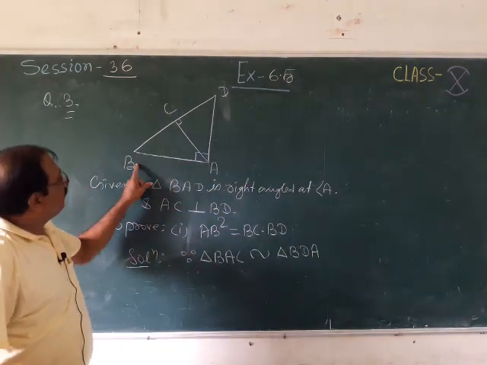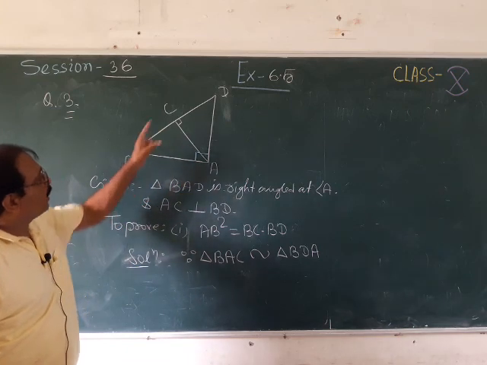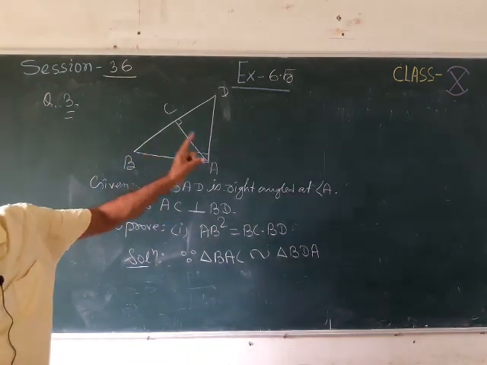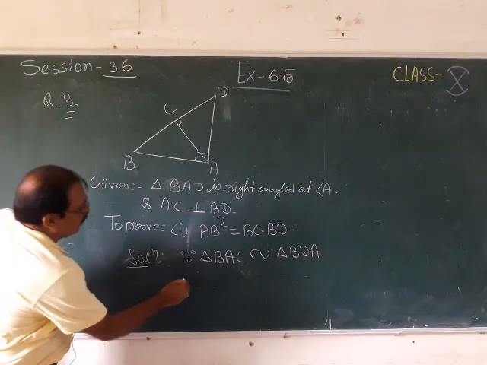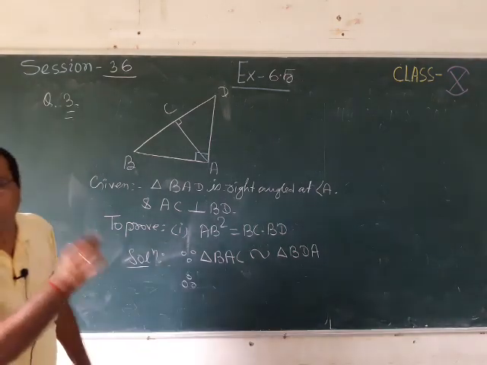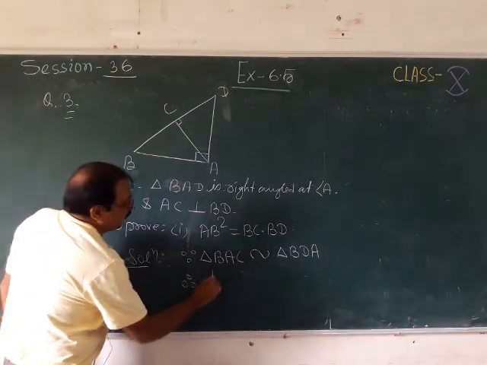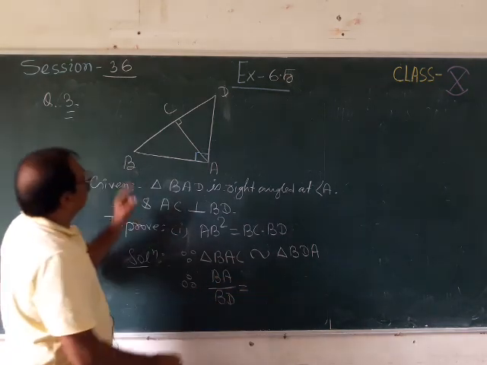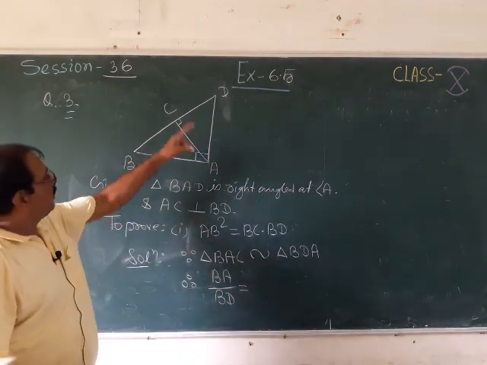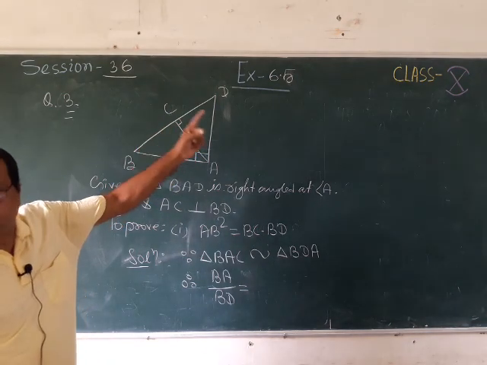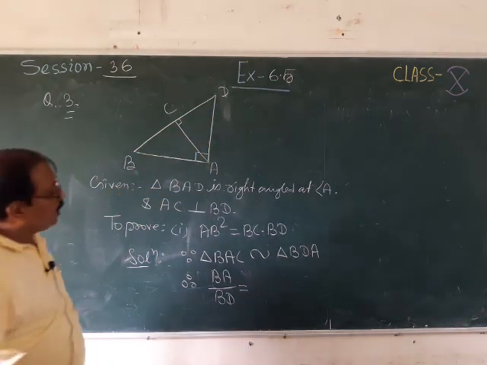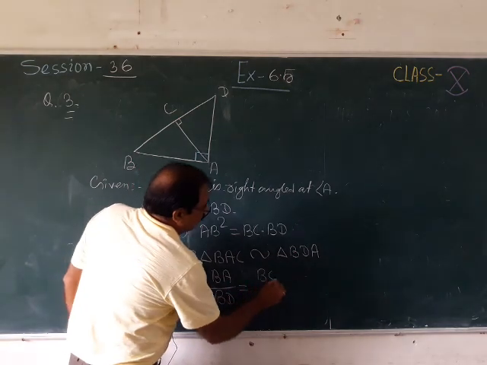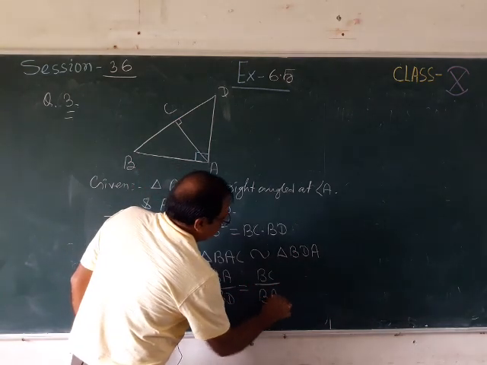Triangle BAC is similar to triangle BDA. Both the triangles are similar. Therefore, their corresponding sides are proportional. That means BA upon BD will be equal to BC upon BA.